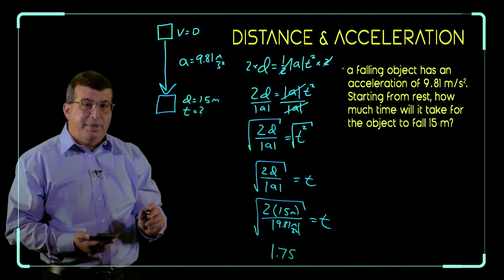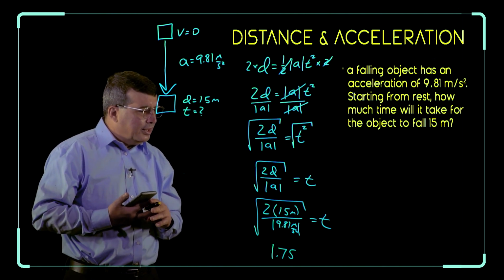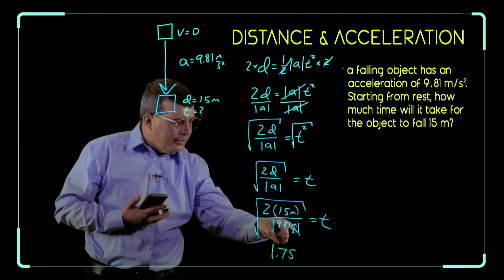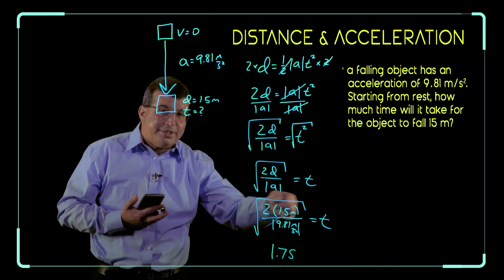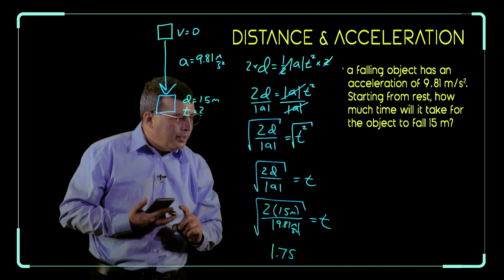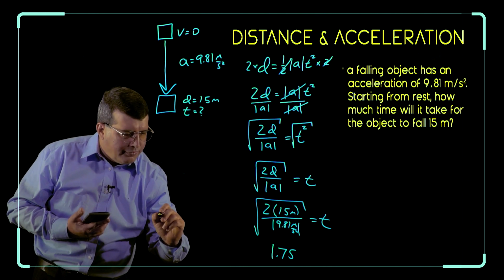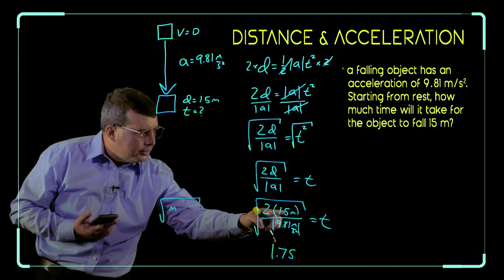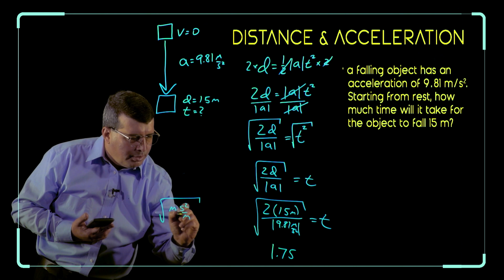And what are my units going to be? We know they have to come out to be seconds because that's the units of time, but let's look at how that works. Here we have meters per second squared in the denominator, so we flip that over and make that second squared per meter in the numerator, my meters will cancel out. So let me do that over here. We have the square root of meters times second squared per meter.